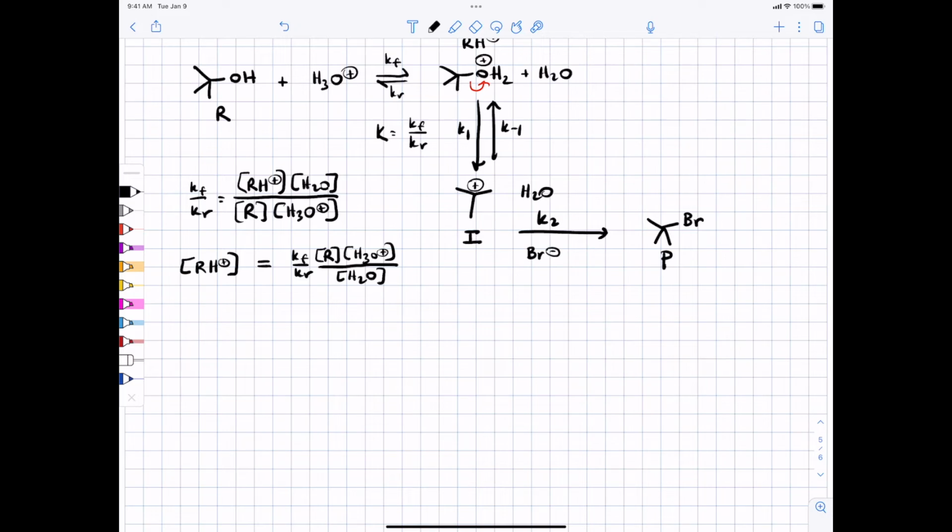But then I need to remember the definition of the acid dissociation constant, Ka, which equals the concentration of RH plus.